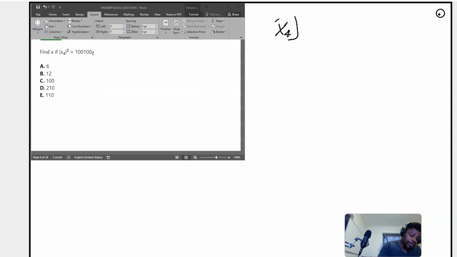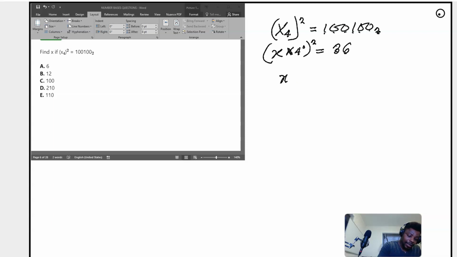Now let's go to the next question. X base 4 squared is equal to 100100 base 2. Now let's convert this to base 10. So this is x times 4 raised to 0. Then let's convert this to base 10. The easiest way: 2 times 1 is 2, plus 0; 2 times 2 is 4, plus 0; 4 times 2 is 8, plus 1 is 9; 9 times 2 is 18, plus 0; 18 times 2 is 36, plus 0 is 36.